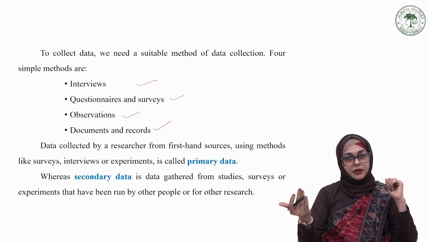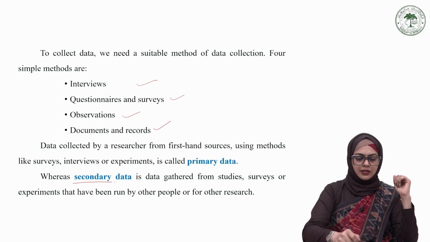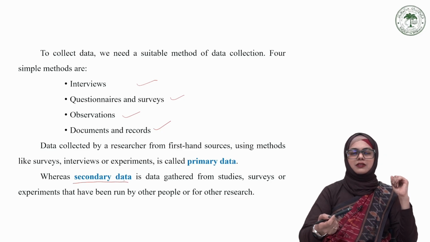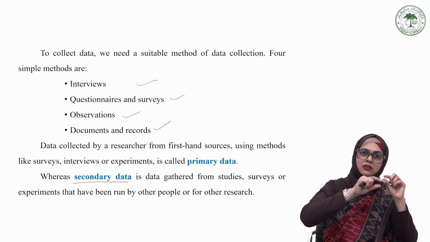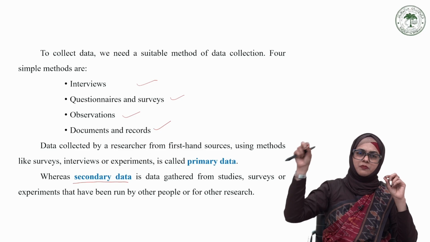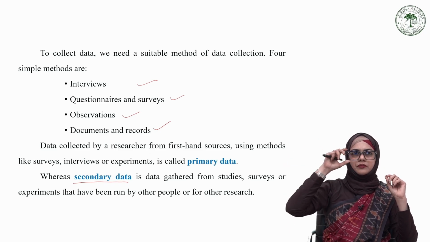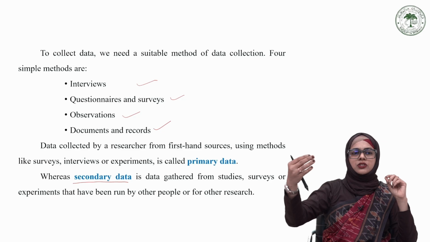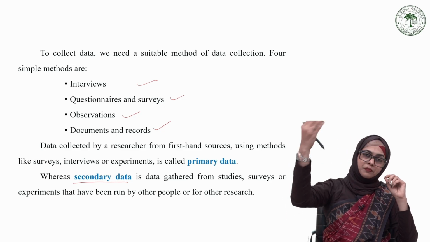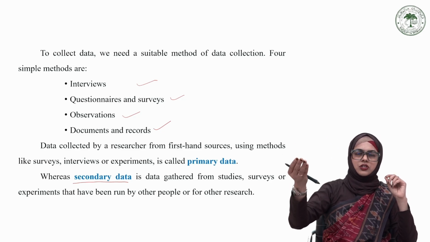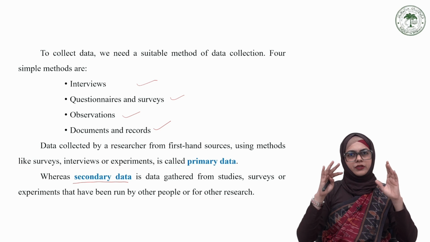Just as we have primary data, we also have what is known as secondary data. Secondary data is the data gathered from studies, surveys and experiments, or from any research papers that have been published or run by other people or for other research, and you are quoting them in your research work.